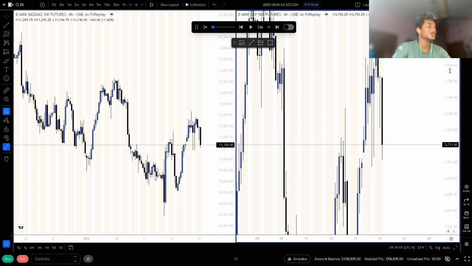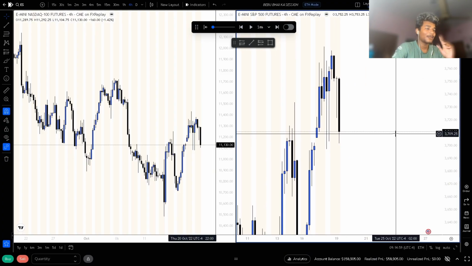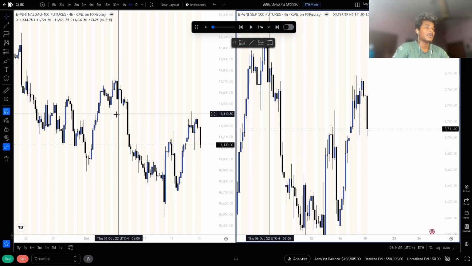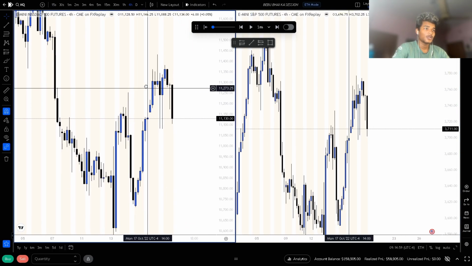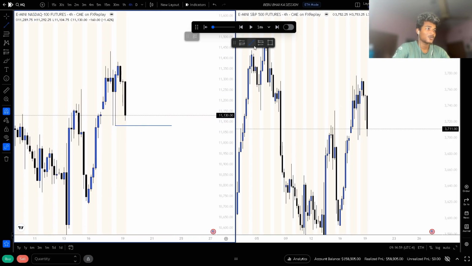We're on 19 October. So what I see is that the market is rejecting off from this bearish gap on NQ and has shifted bearish until this low gets taken out.